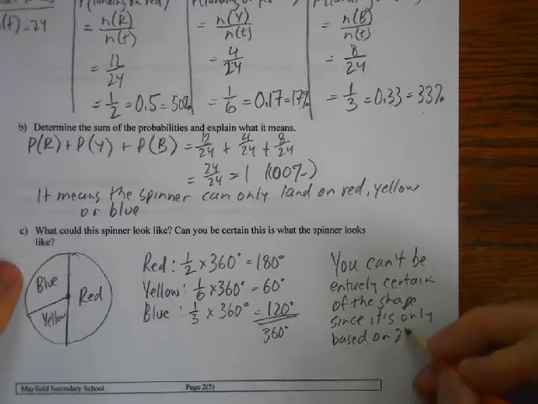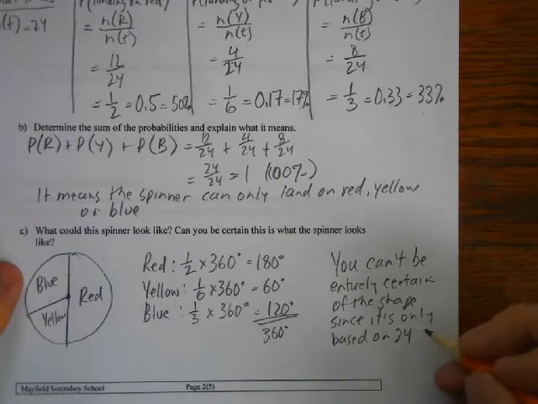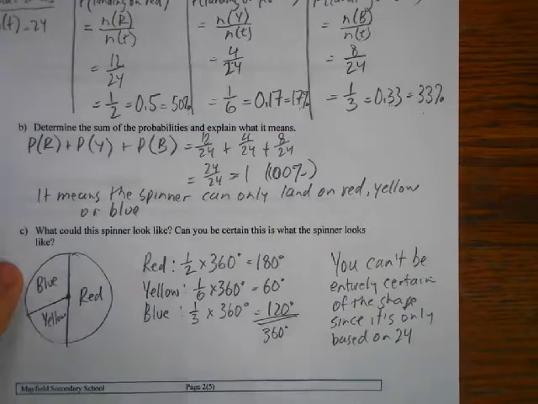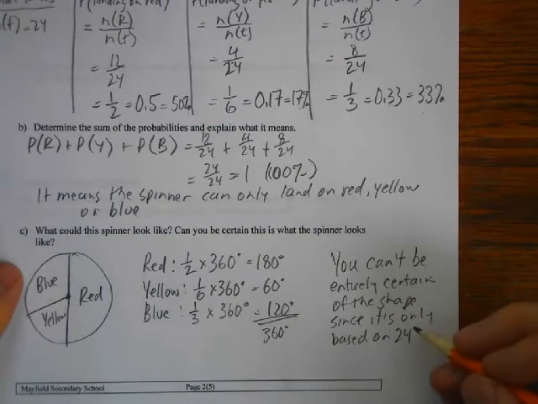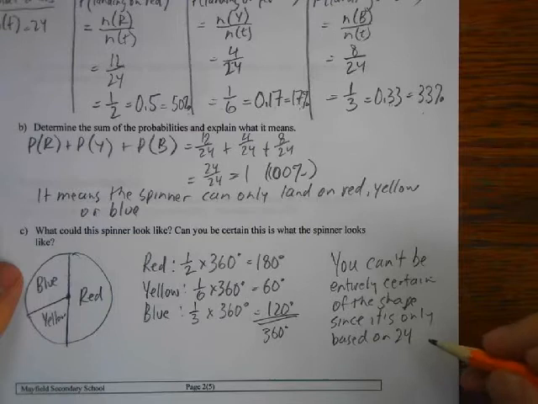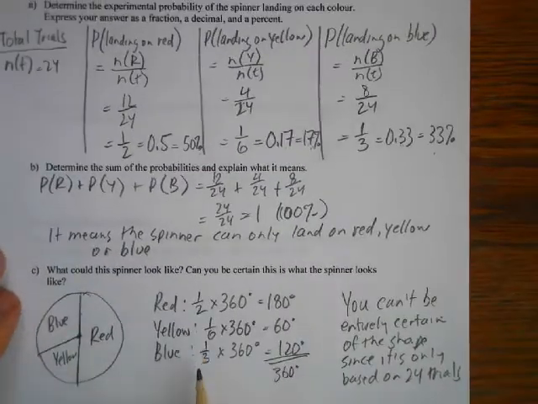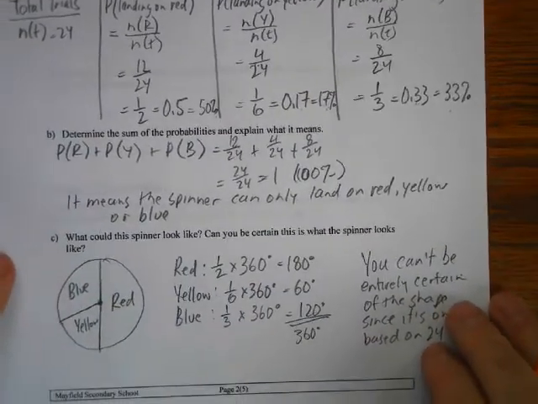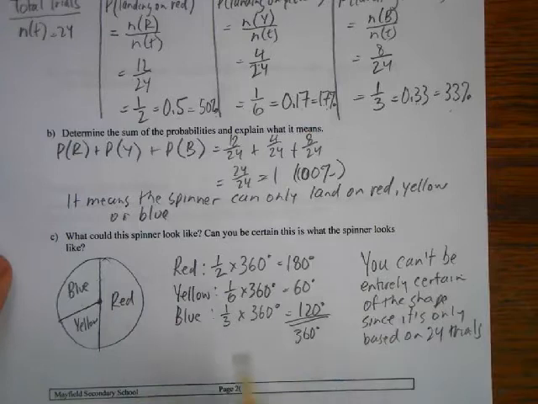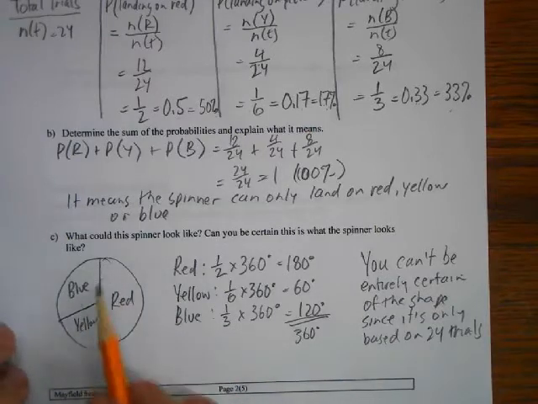Just like the experiment we conducted with the probability of rolling a 2, like I said, the more and more times you conduct that experiment, the more accurate your results will be. So if we spun this 1,000 times instead of 24 times, we'd be much more certain of what this looked like.